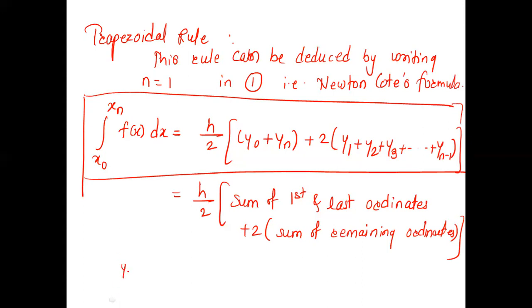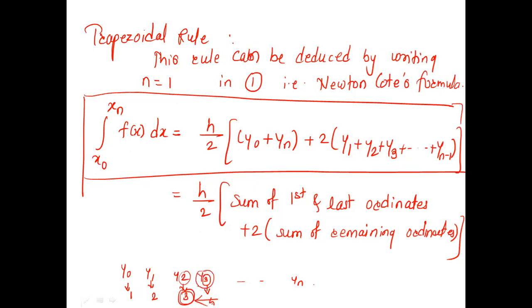Okay, so it started with y naught, y1, y2, so on up to yn. If you call y naught the first ordinate, then y1 is the second ordinate, y2 is the third ordinate, and so on. Though it is y2, it is the third ordinate, so it is at an odd position. y3 will be the fourth ordinate, so this is even.